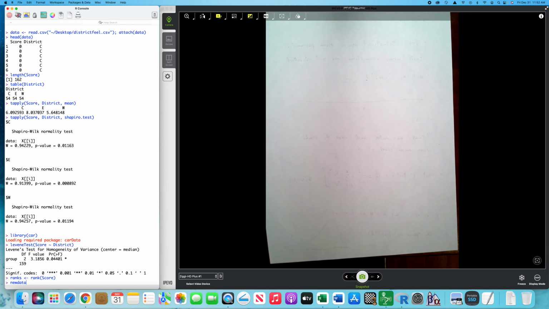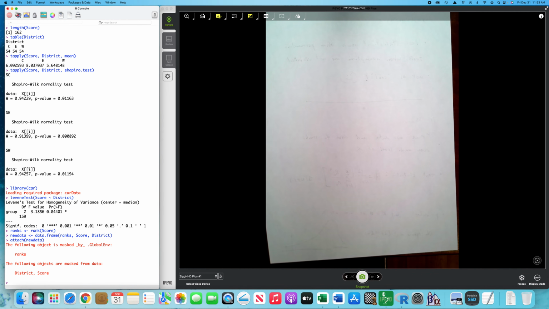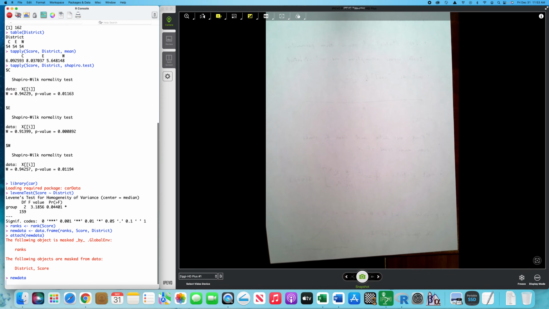And then I want to create a new data set. So I'm going to create a new data frame, and I want my ranks, and I want my score, and I want my district. All right. And I need to attach it.